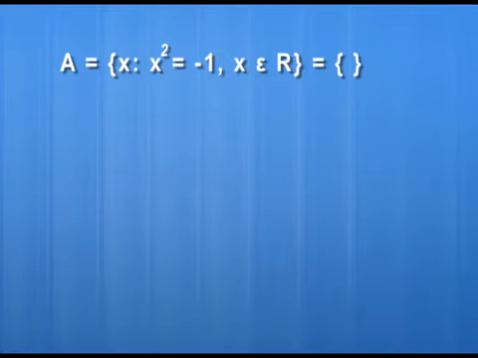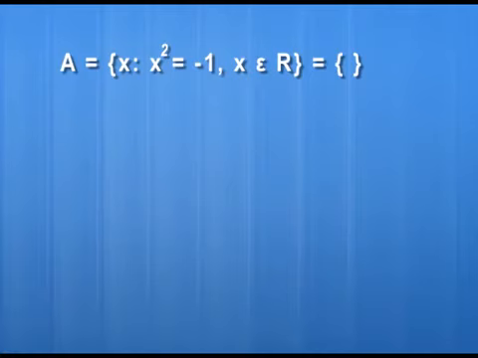Now, we have to find the elements belonging to this set. Is there any real number whose square is minus 1? No. There is no real number whose square is minus 1. We cannot get such a number. So, can we write any number here using roster method? We cannot write any number here.